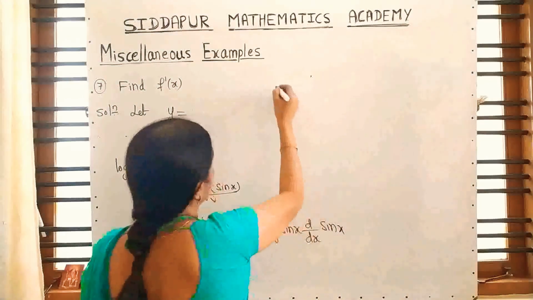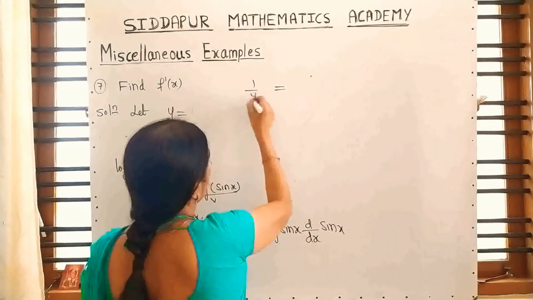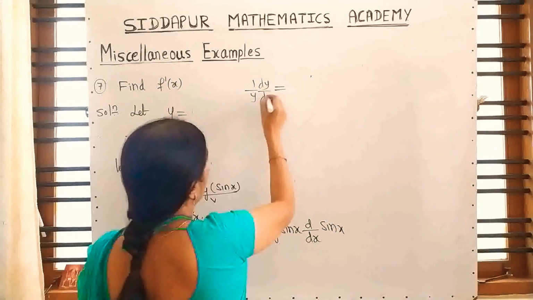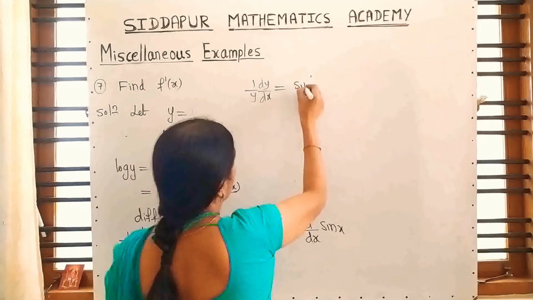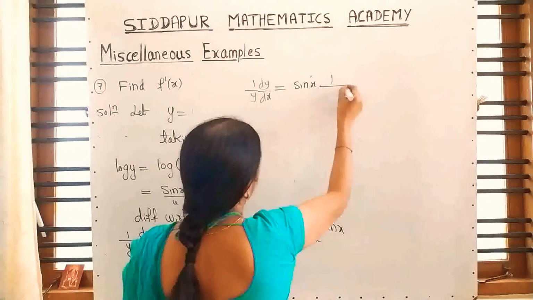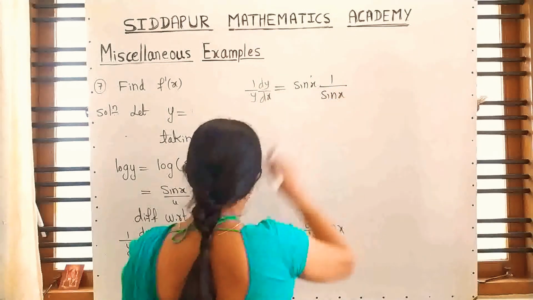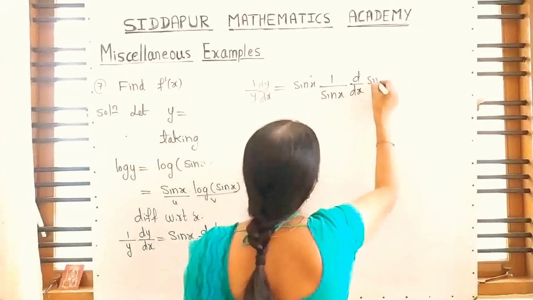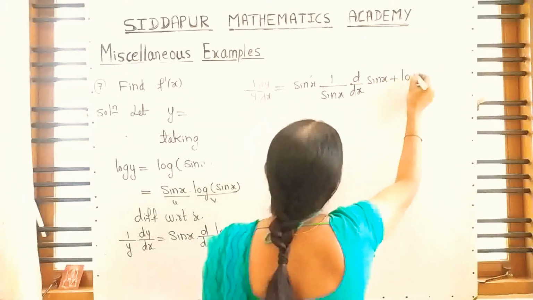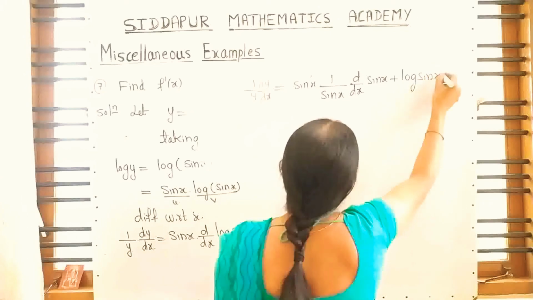So sin x, 1 by y into dy upon dx as it is. Sin x as it is. Differentiation of log of sin x is 1 by sin x into differentiation of sin x, plus log of sin x as it is.